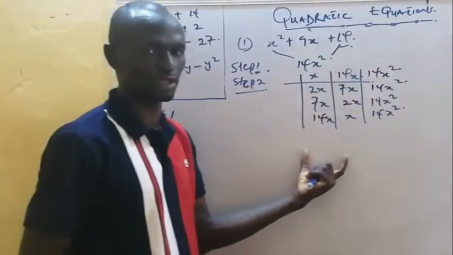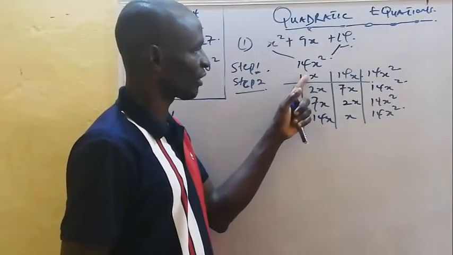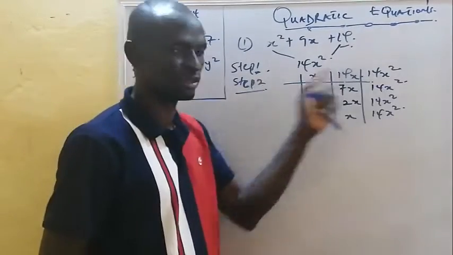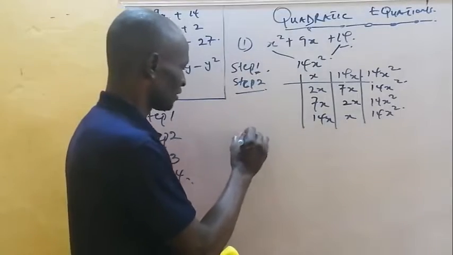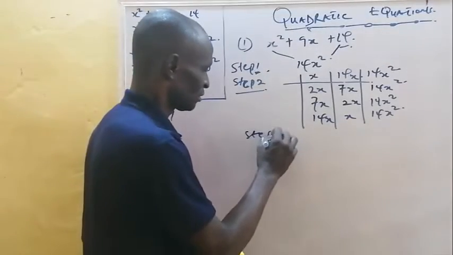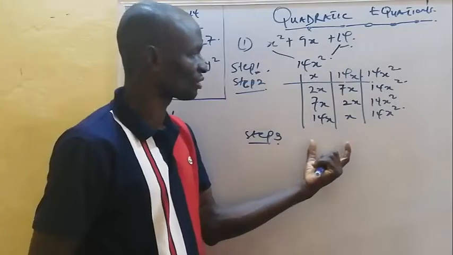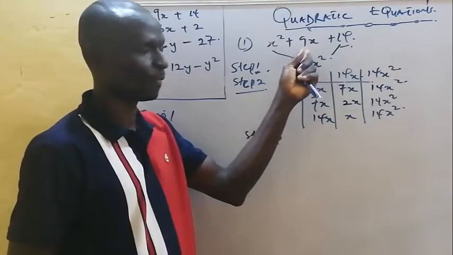Now, this is in the positive. If I take it in the negative, I'll be doing minus x times minus 14 to give me plus 14. But remember that in step 3, I am going to pick any of these factors that when I add them together will give me my b.